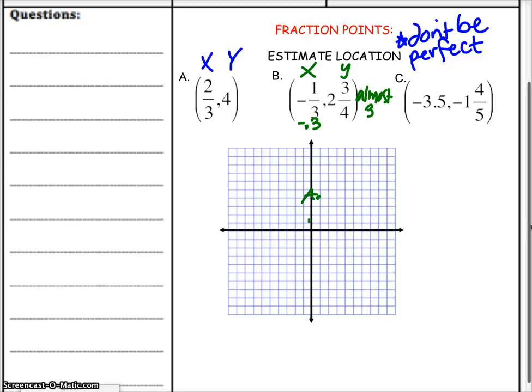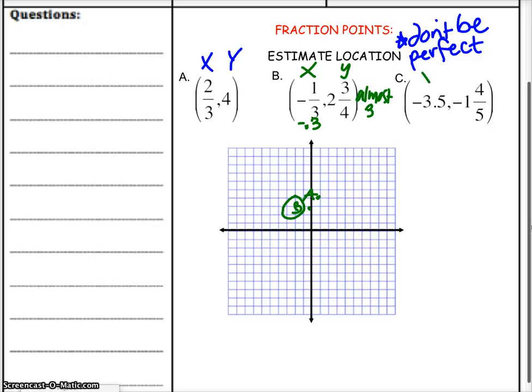So 1, 2, almost to the 3. And I'm going to try to draw that a little prettier. Almost to the 3. Okay, I'm going to make that good. It's hard with the smart marker here. It's not a fine tip. Your pencil will be able to do it a lot better.